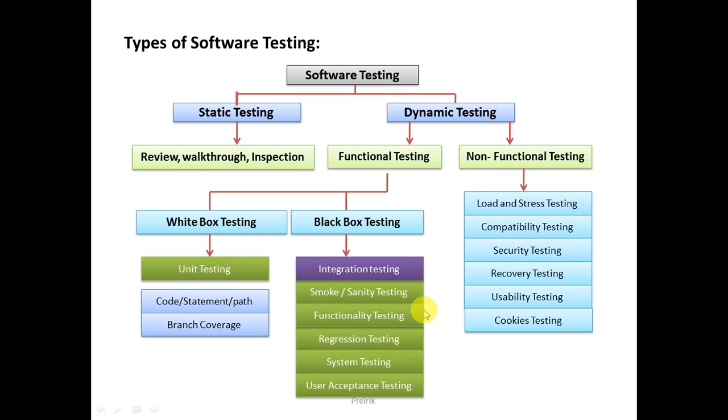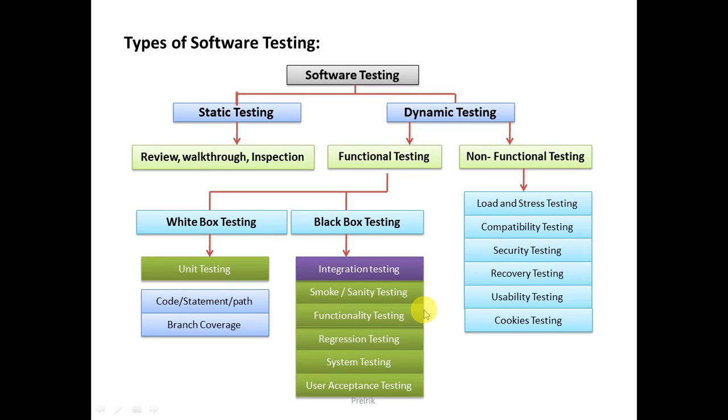So what does smoke and sanity testing cover? Smoke testing is nothing but checking the critical functionalities. Okay, so let's take an example. There is an e-commerce website, and it comes to you to test the functions of that website. What you will do is first see that the user is able to log in. If the user is not able to log in, that means further tests cannot be executed.